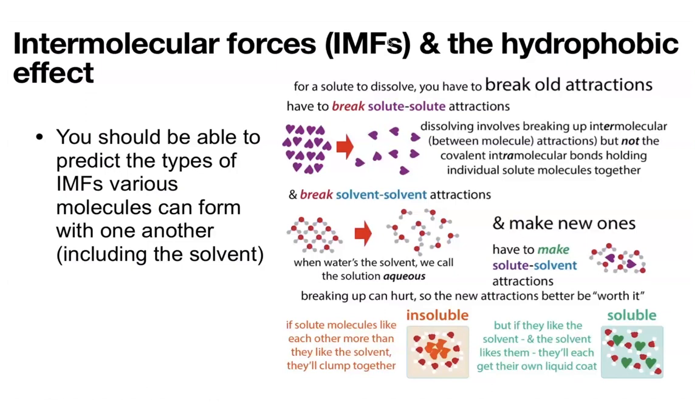But if not, then I'm just going to clump you together and maximize my interactions with my water friends. And so by maximizing my interactions with my water friends, I kind of gang up around you and I'm not going to dissolve you, or if you were in the solution, I'm going to clump you all together. We'll discuss that more in a minute in the hydrophobic effect.